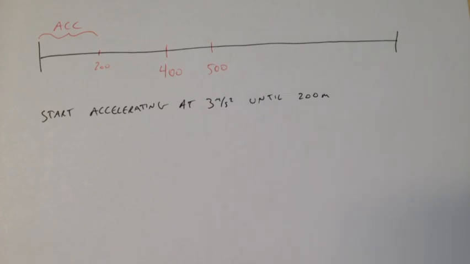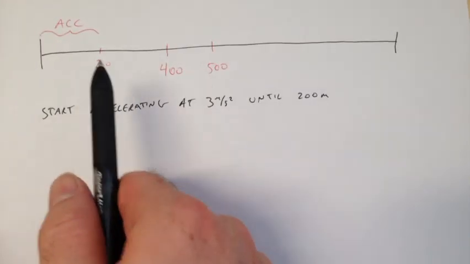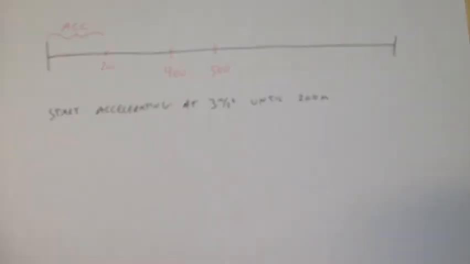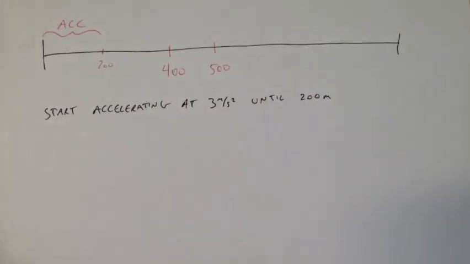Okay, where do I go from here? The information I have is a distance, an acceleration. Well, if I have a distance and an acceleration, I could either figure out how long it would take or how fast I'm going. I'm going to go with how fast I'm going.